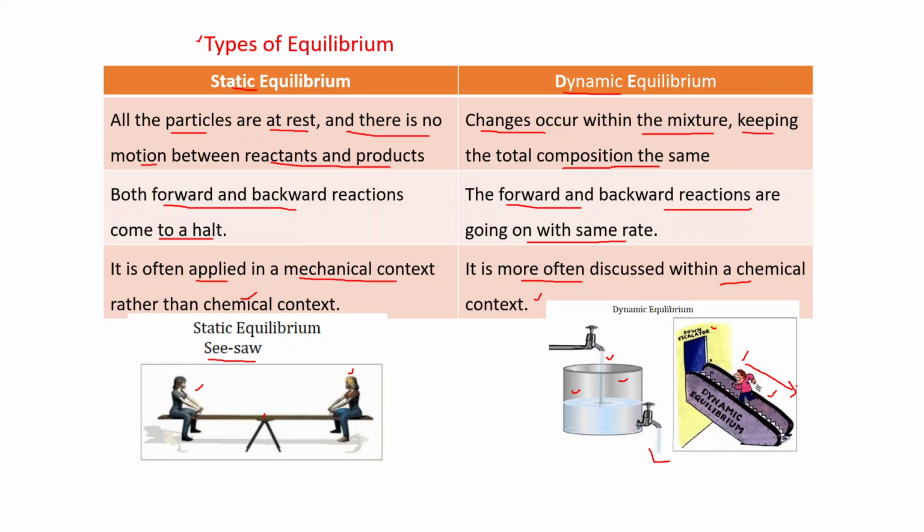If a person starts to go upward and maintains the speed in such a way that the speed of the escalator coming down and the speed of the person going up are the same, then you will observe that the escalator is coming down, the person is going upward, but there is no change in the position of the person. Clear? This is dynamic equilibrium.